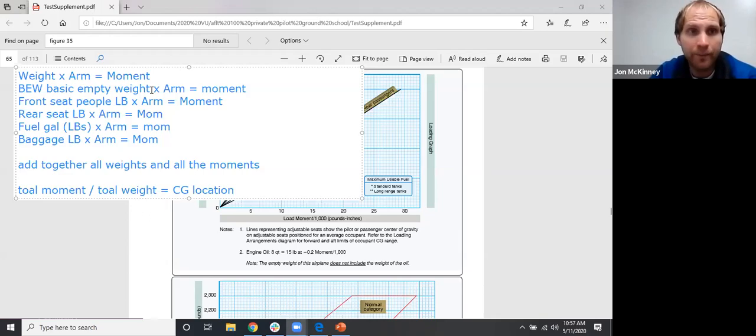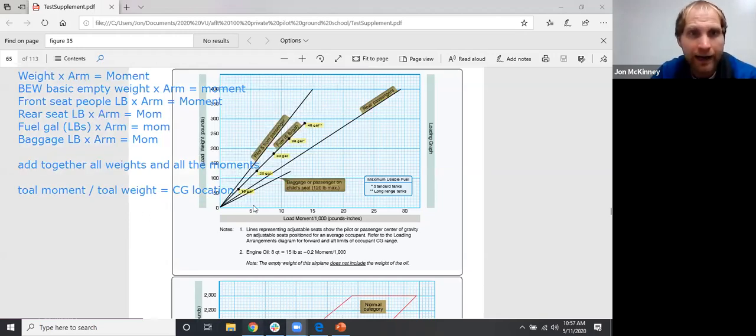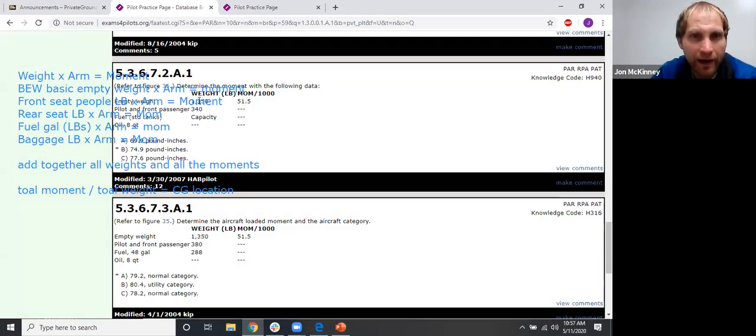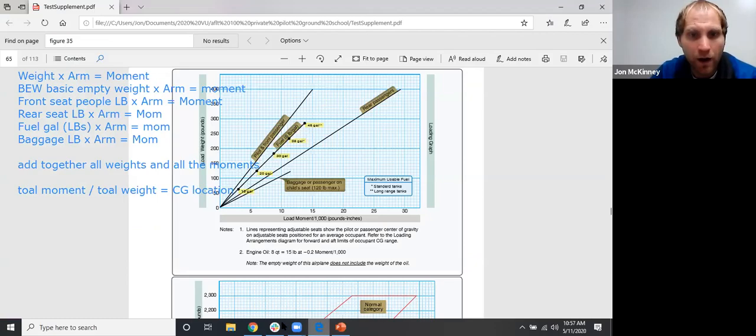We said that the very first one is the basic empty weight of the airplane, and I have to keep clicking back and forth between these, which it doesn't let me do, so if I lose it, I lose it. I click, and it tells us that our basic empty weight is 1,350. I'm going to click the button to type that in, if it'll let me.